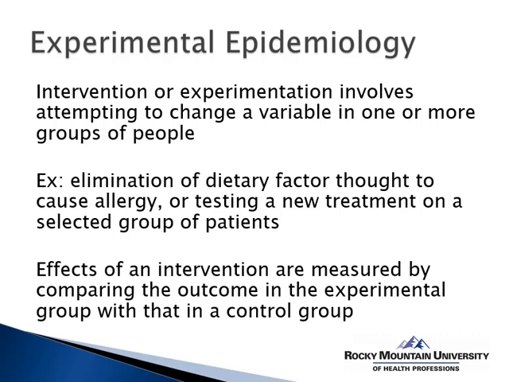So, experimental epi, you have an intervention and you are trying to see if that helps the population. So, for example, the elimination of a dietary factor thought to cause an allergy, or testing a new treatment on a selected group of patients. You can randomize people into your experimental group and into your control group and look to see what the risk reduction was. How much better was the experimental group?